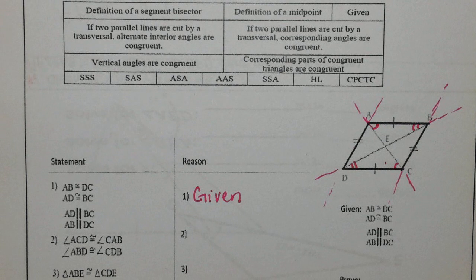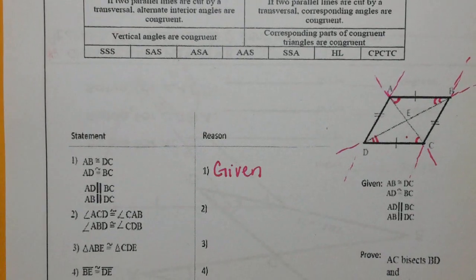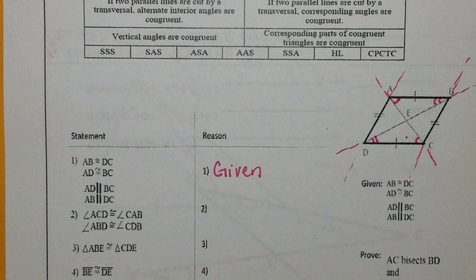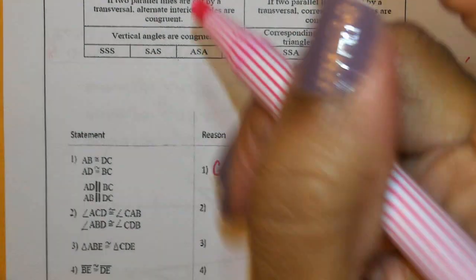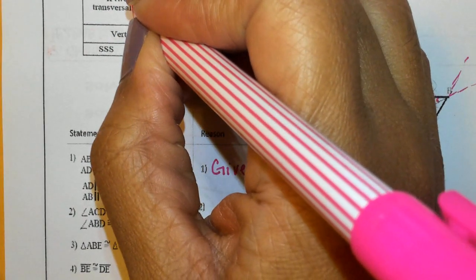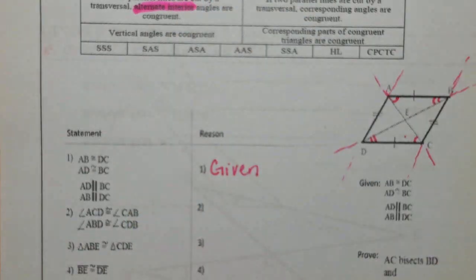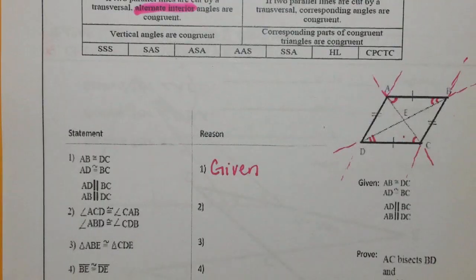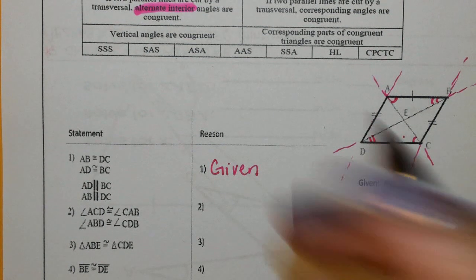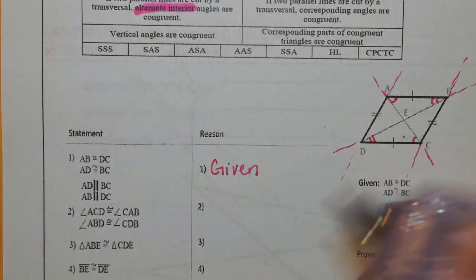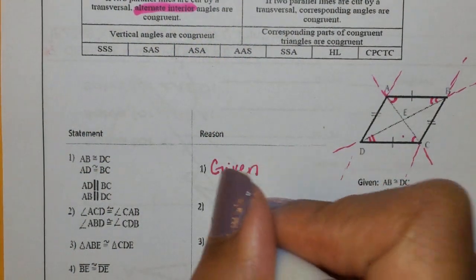What you do see written there is: if 2 parallel lines are cut by a transversal, then your alternate interior angles are going to be congruent. This is going to be the box that you're going to drag down. What we're going to be looking for is that alternate interior. So I'm going to write here, alternate interior.